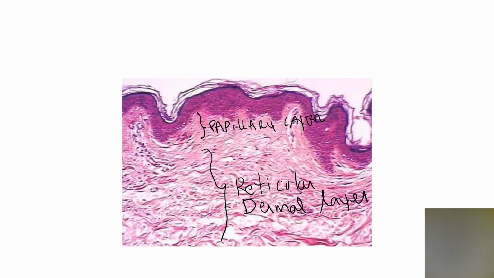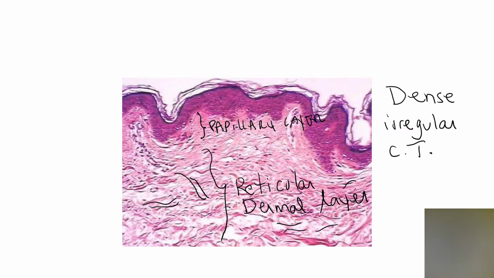The reticular dermal layer is made of dense, irregular connective tissue. This is the dermal layer that gives structure and strength to the skin, thanks to the thick collagen fibers that are found in this layer.